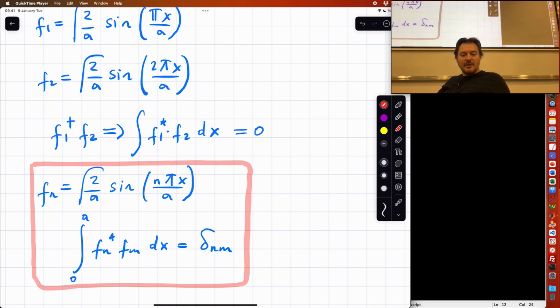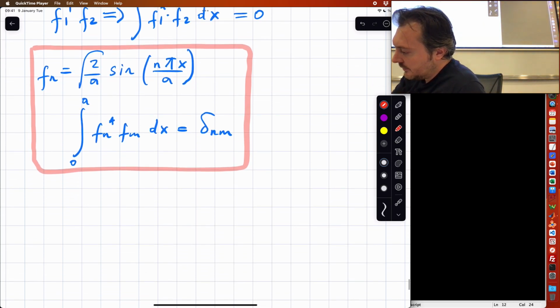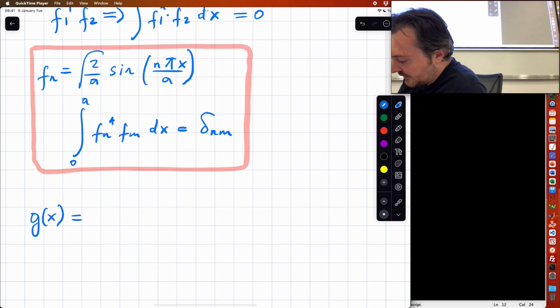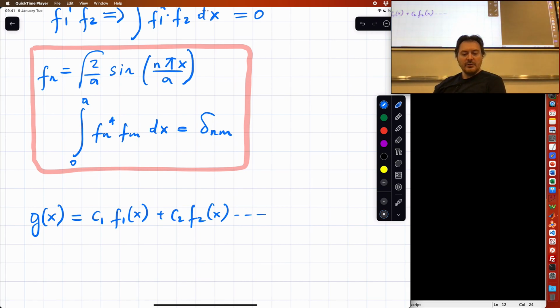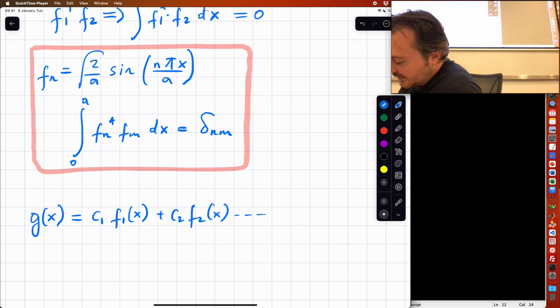If there are jumps in the function, can science actually capture that? Okay, very good. So any function g(x) can be represented as the sum c1 f1 of x plus c2 f2 of x, dot dot dot, and it continues like that. Can you guess how I can find cn?